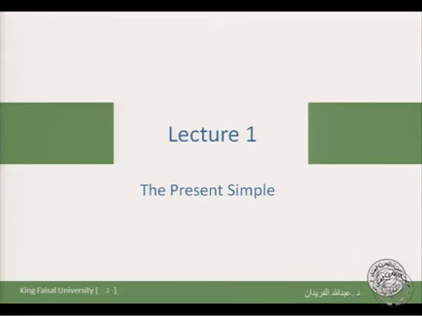But we can have present simple and present progressive, and we can have also present perfect. So let's forget about the perfect tense. Let's concentrate on present simple and present progressive. Present simple, things that happen every day. Present progressive, things that happen now. Very simple. The difference is very clear.